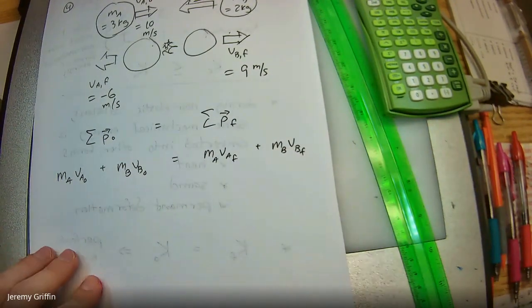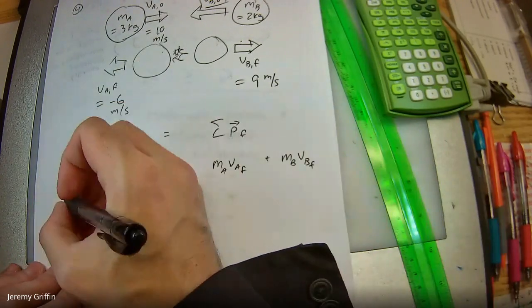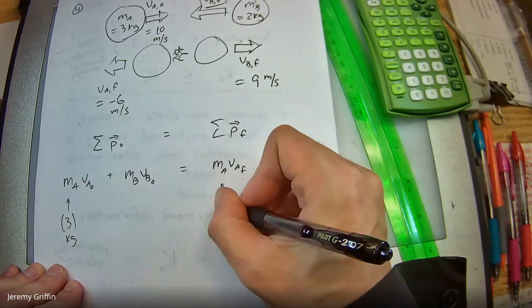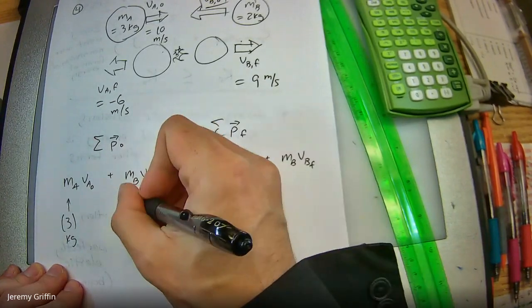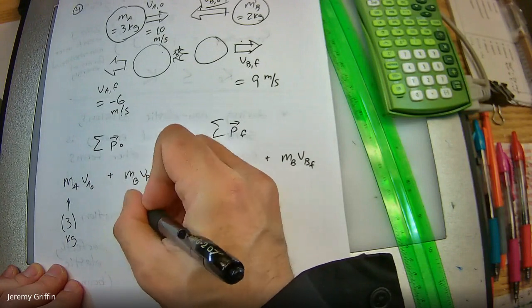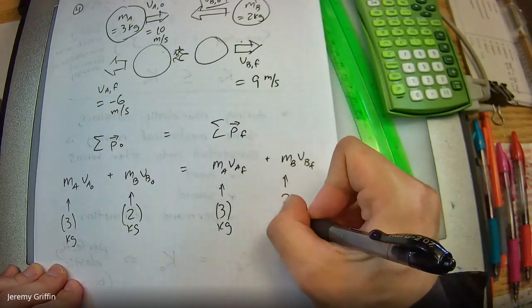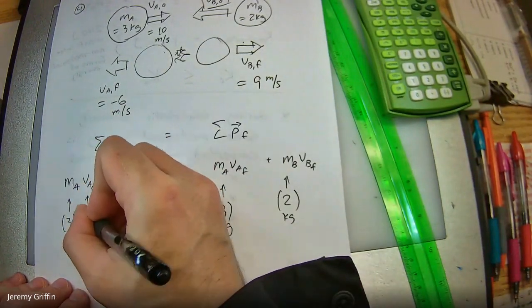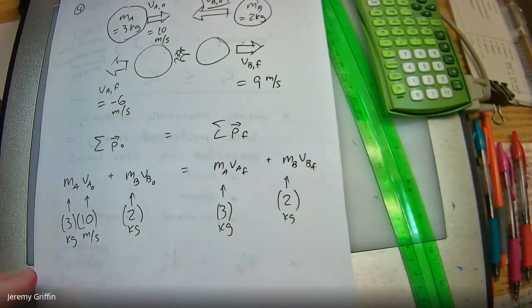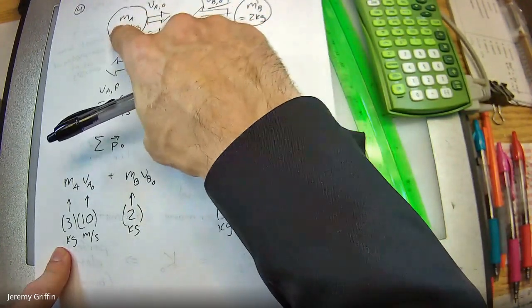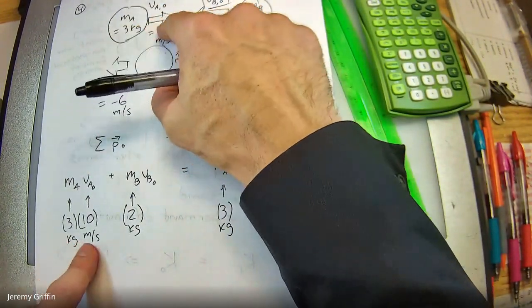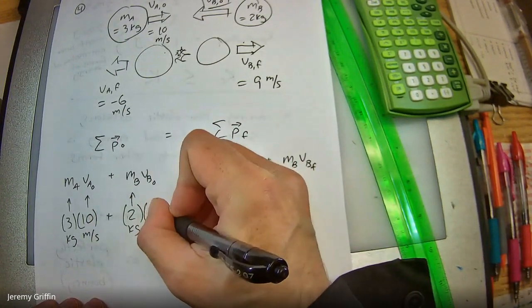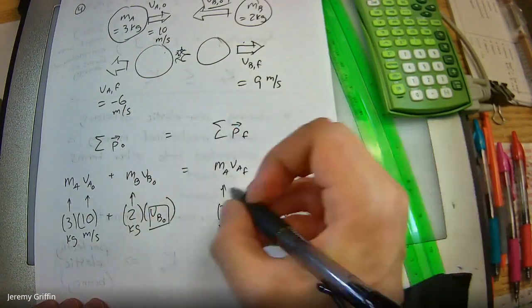At this point, it's just kind of a plug and chug situation because you know how this works. 3 kilograms shows up there and there. 2 kilograms shows up here and here. I told you this number is 10 meters per second. So it looks like we're going 30 kilogram meters per second, just like in the last setup, except this time we're solving for what was VB naught in the initial situation.